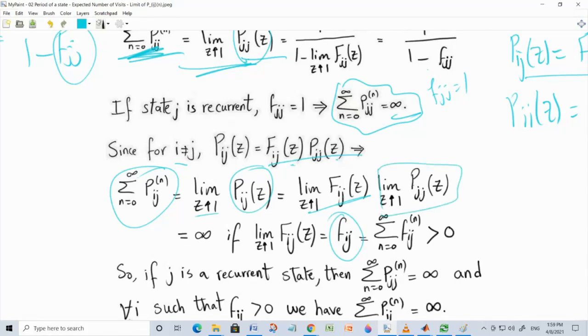If your state j is a recurrent state, then this limit will be the summation of b_jj(n) from 0 to infinity, which is equal to infinity, and so infinity multiplied by a positive number will be infinity.